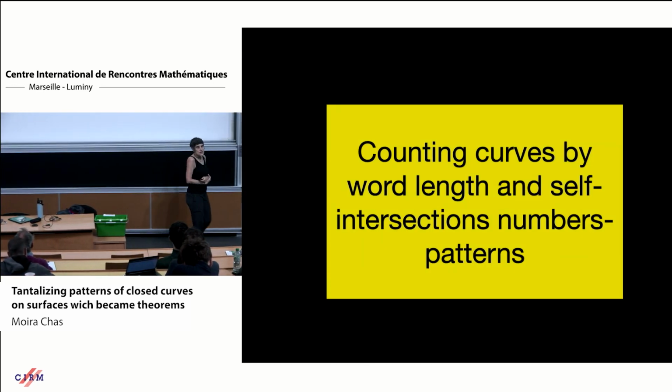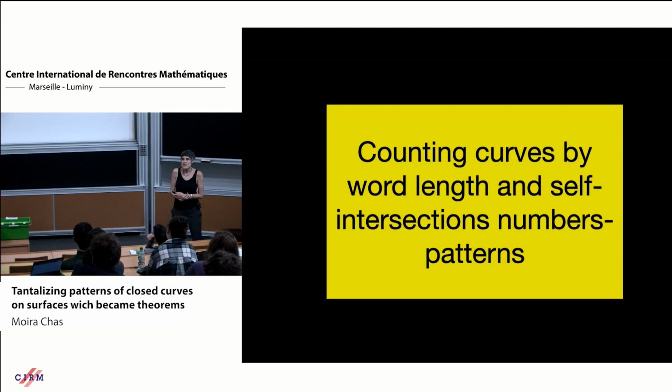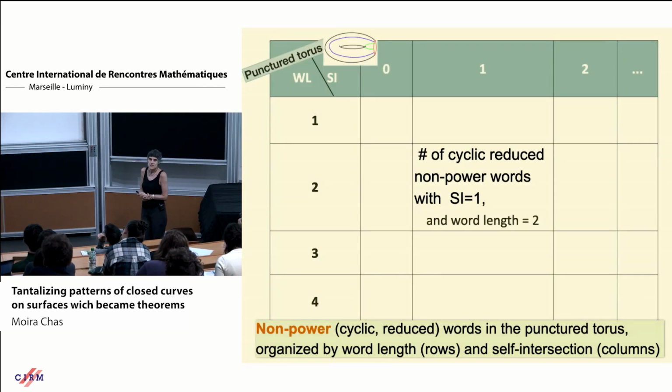Okay, so now all of this, as you know, can be input in a computer, so this is what I did. And I make this table. This table contains in row 2 and column 1, say, how many cyclically reduced words, or free homotopy classes, and I ask for non-power words, and I'll tell you why probably later, with self-intersection given by the column and number of letters given by the row.